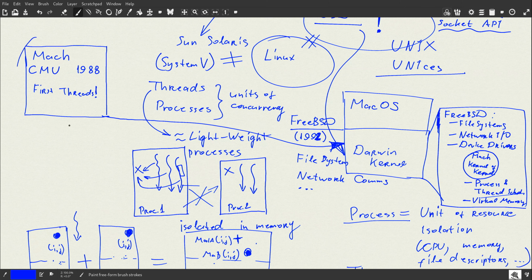So in 1988, Mach was a very important source of innovation, very much like Linux was, very much like BSD Unixes have been previously. And then Mach continued to evolve on its own. First of all, Mach is a concept which is called microkernel, and that's a very important concept.